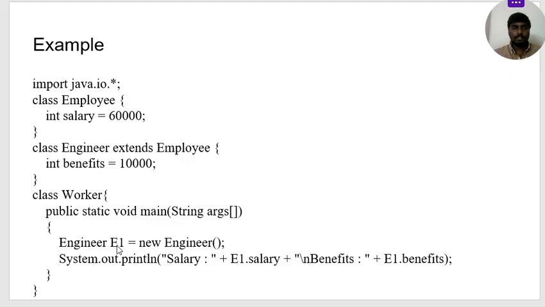I am printing out salary plus e1.salary. This is a comment, e1.salary. This is also a comment, e1.benefits. What is e1.salary? Object e1's salary is 60,000, and e1.benefits is 10,000. If we add, it will come to 70,000.